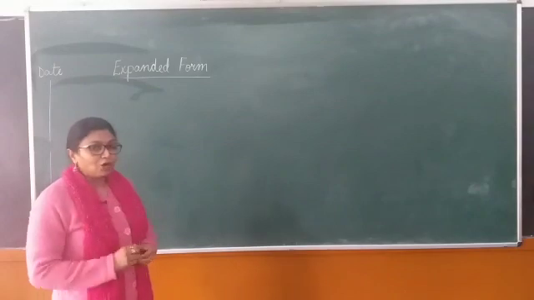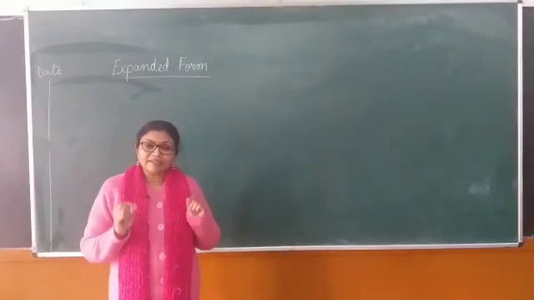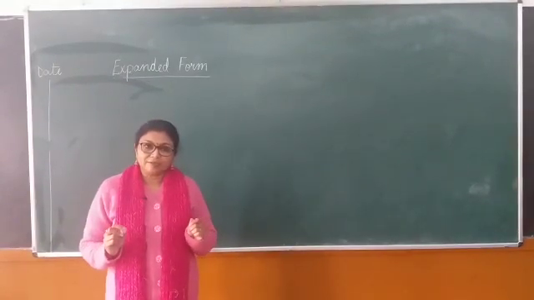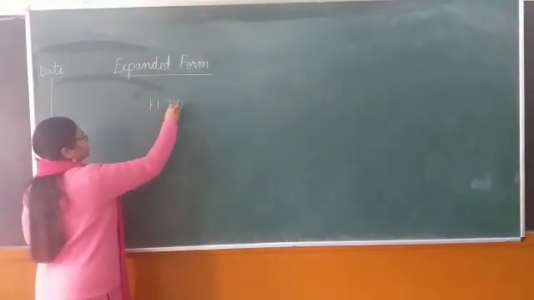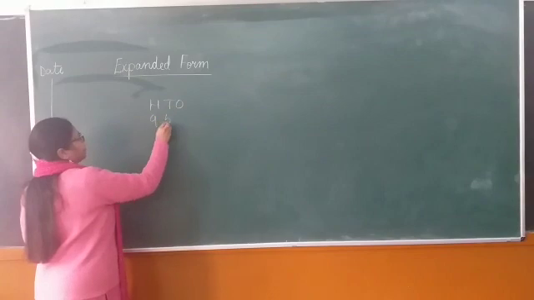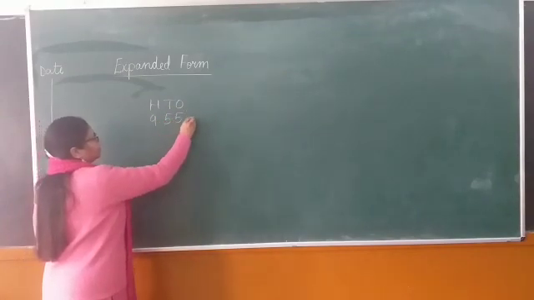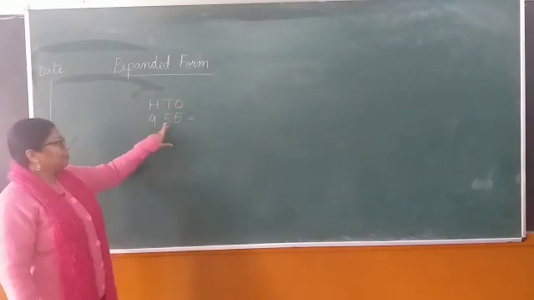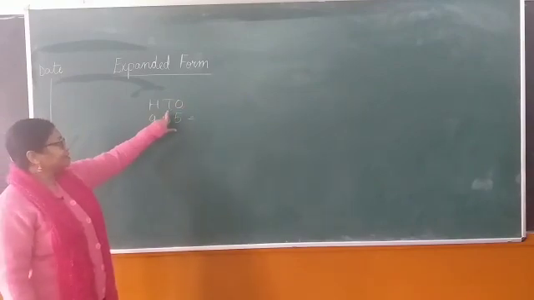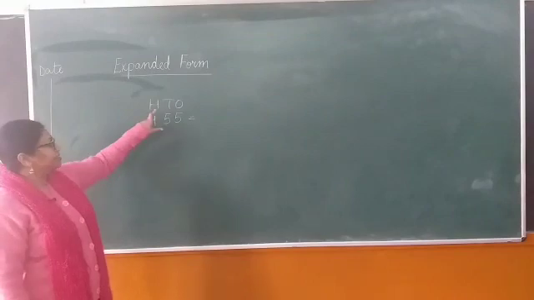So you all know how we stretch a rubber band, the same way we stretch the numbers. So suppose it is hundreds, tens and ones and I write 955. The place value of 5 is ones, the place value of the other 5 is tens, and the place value of 9 is hundreds.